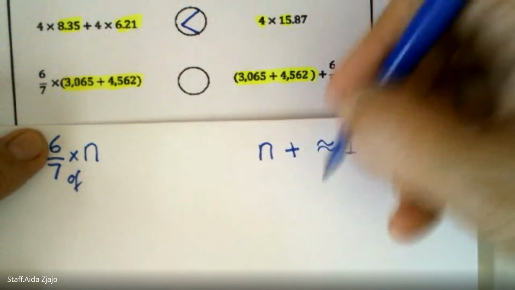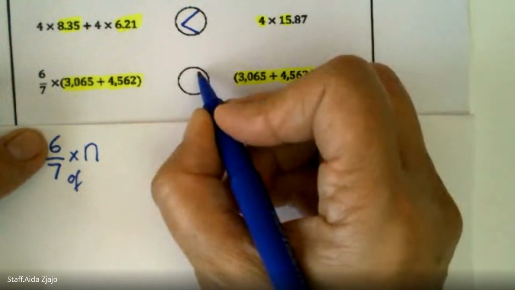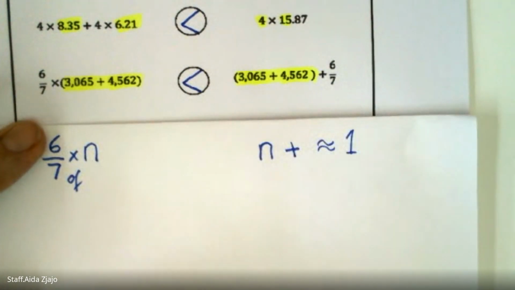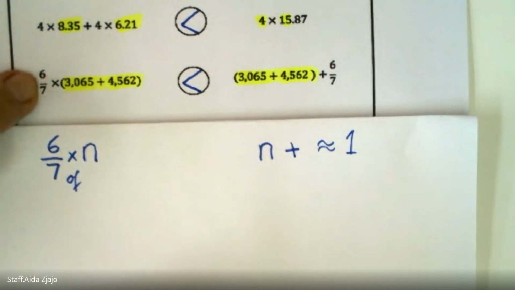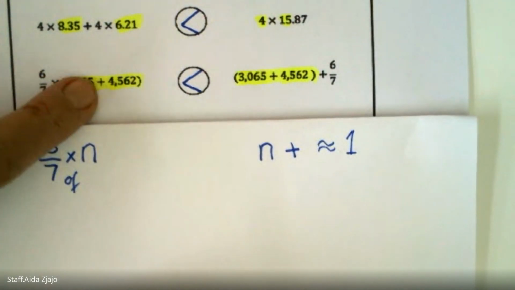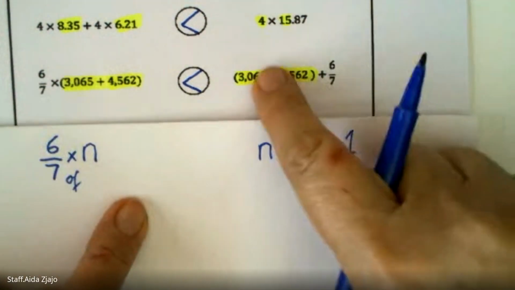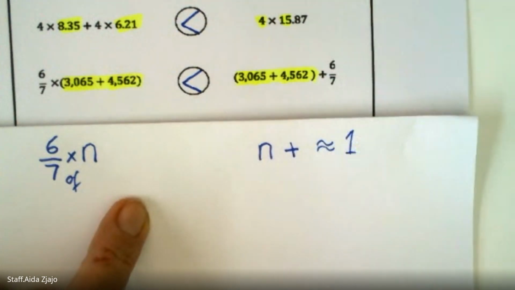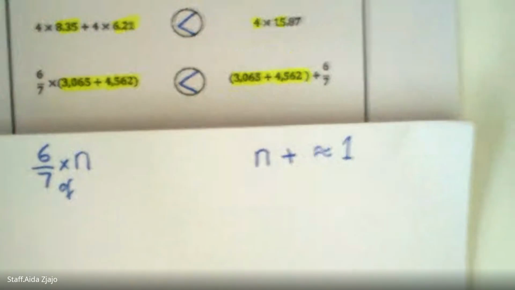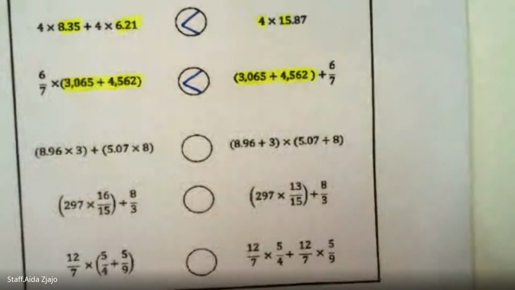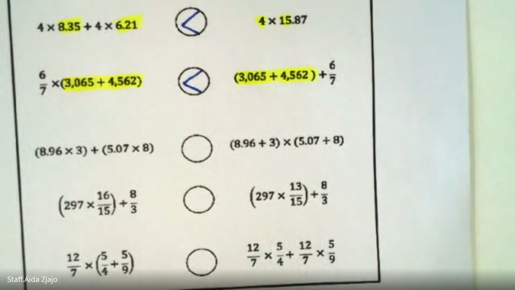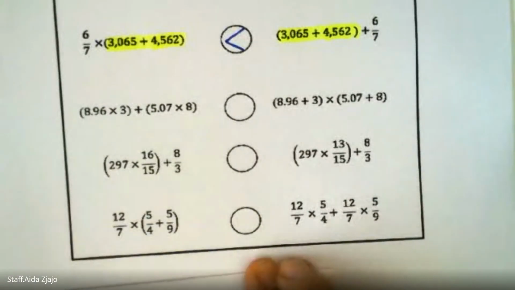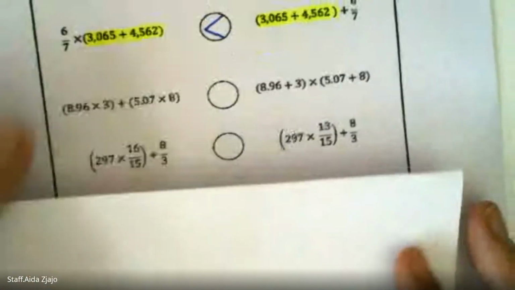So definitely this side is going to be greater than this, because here you're going to have a piece of this number, and here you're going to have the whole number plus about 1 more. Just 1, but that's okay. All right. I hope that makes sense to you guys. It's kind of tricky when you think about logic in here.